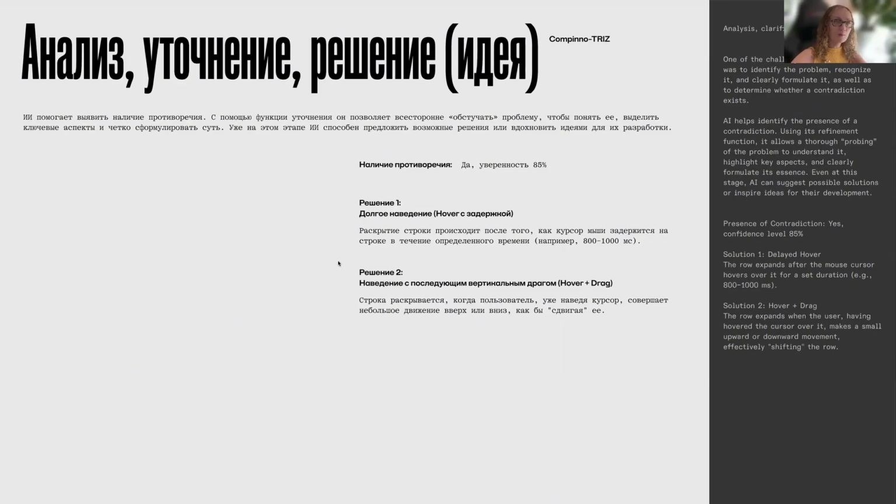At the stage of problem setting, when I formulated the problem, I saw that in Campino Trees, we have a module backed by AI, which helps us clarify the task and suggest solutions. Now we need to formulate a problem and work further on it.